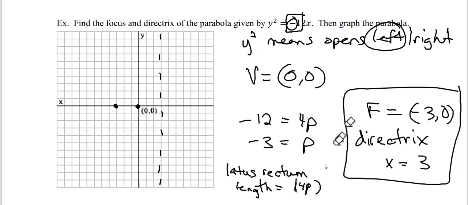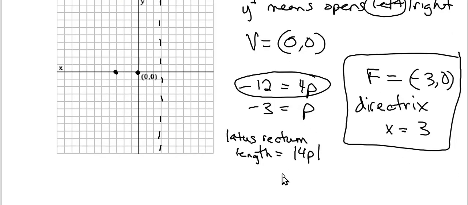In this case, the p is negative 3, so 4p right here is negative 12. Absolute value of negative 12 is 12. That's the total length of the latus rectum. That means it's 6 each way.